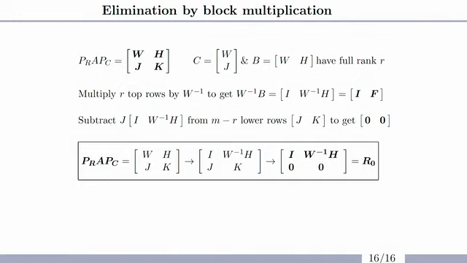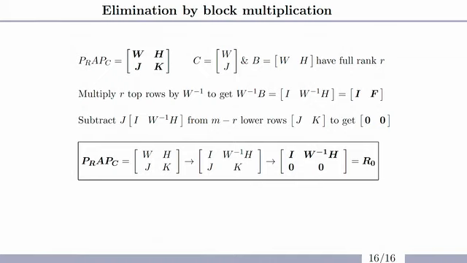If you look at the last line, that W in the corner ended up as the identity. The second block row, the J K, ended up as zeros. And the one remaining block tells us the combinations that we are looking for, this W inverse H. So let me look at that equation in the box.